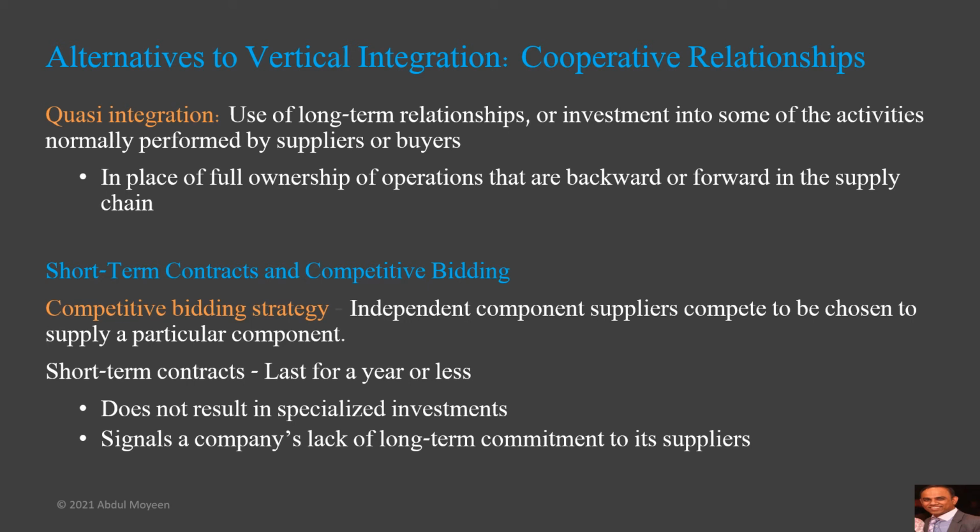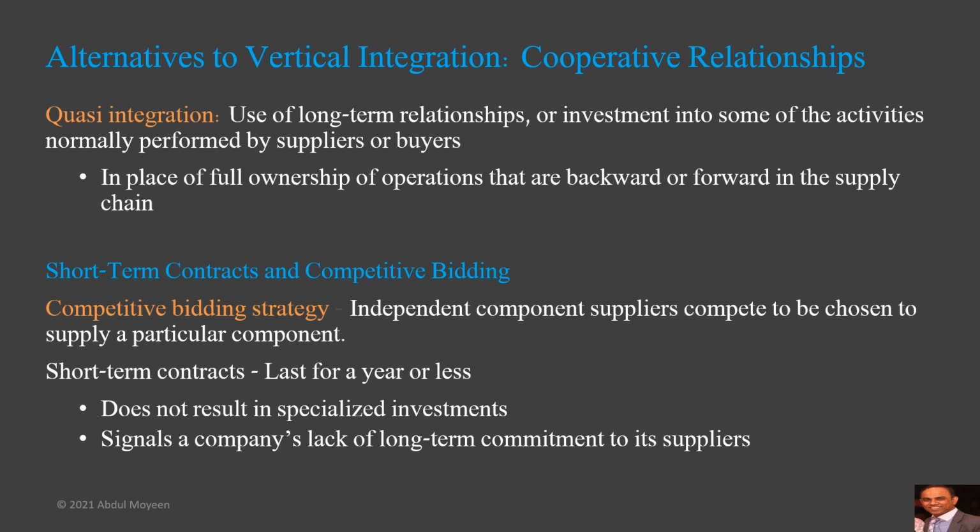at the lowest price. Now, short-term contracting does not result in the specialized asset investment that is required to realize differentiation and cost advantage, because it signals a lack of long-term commitment to its suppliers. So there is a lack of trust in here.